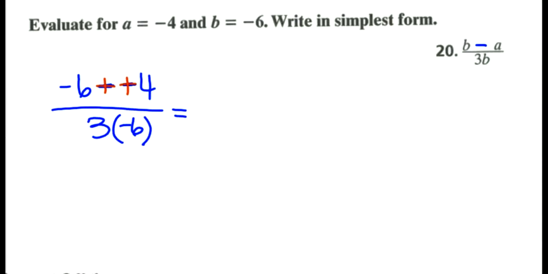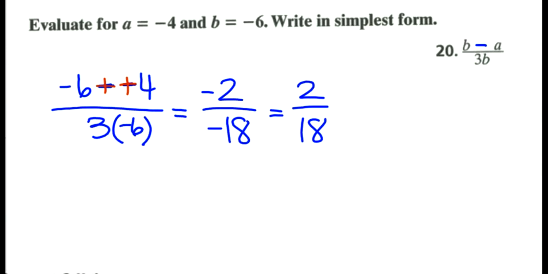So my negatives are going to win by 2, and 6 times 3 is -18. Well, let's get rid of our negative first. A negative divided by a negative is a positive. And then we're going to divide both of these by the GCF, which has been 2 all the way through these problems. And so I get 1/9.